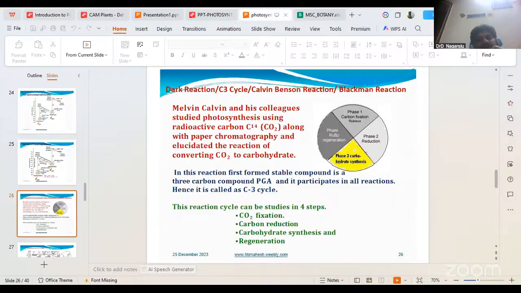This ribulose 1,5 bisphosphate is absorbing the carbon dioxide. This is the carboxylation reaction.